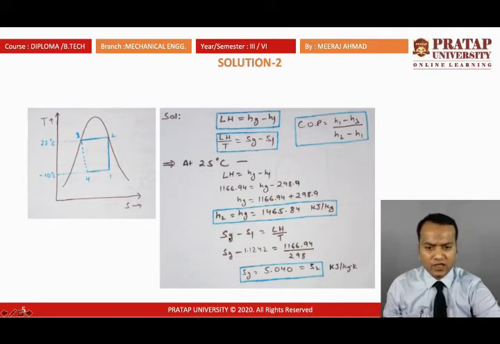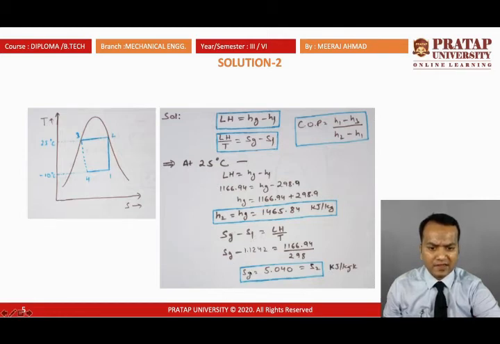Then the other formula, Sg minus Sf is equal to latent heat divided by temperature. So we are talking about temperature 25 degrees Celsius. So take the latent heat at 25 degrees Celsius and the temperature. We convert the temperature into Kelvin and put the Sf value from the table.